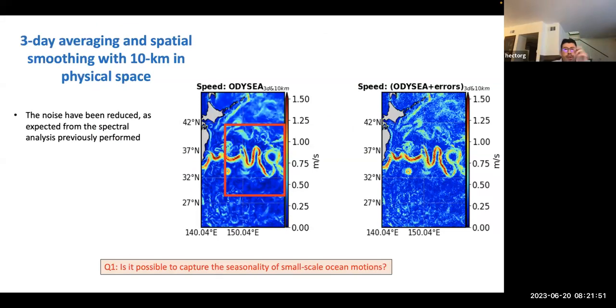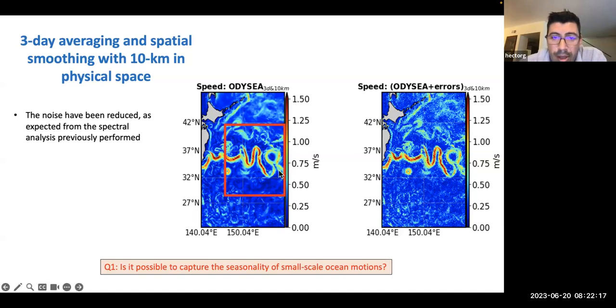Okay, let's see. First, I'm going to emphasize how the data looks in physical space, because now we have a wide swath such that we can capture the curvature of the flow. We have the geometry of the flow, and we know that the curvature of the flow is important to drive or trigger some instabilities in the ocean.